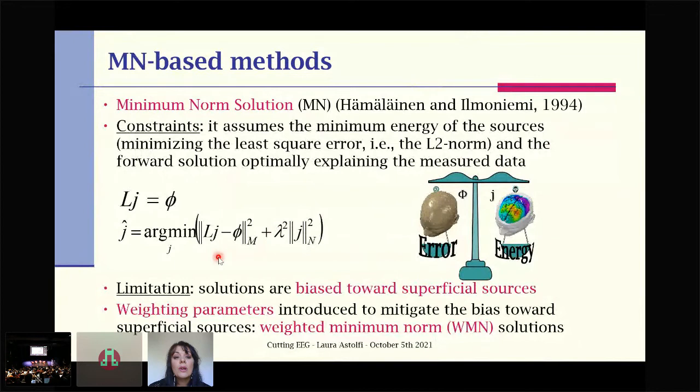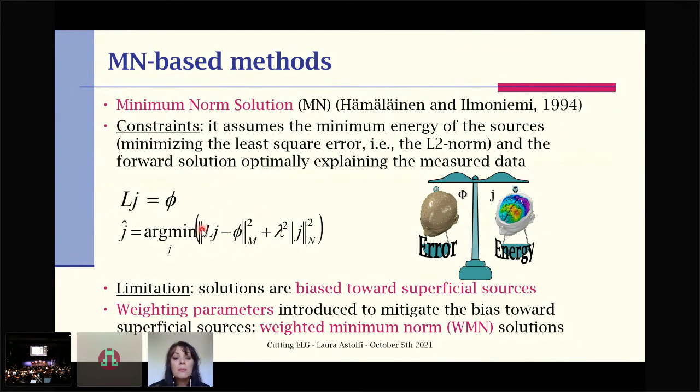So in the formula, we have a term which is related to the forward solution optimally explaining the data, this one. So this is the lead field matrix, this is the vector of the sources, this is the vector of the recorded potentials on the scalp.